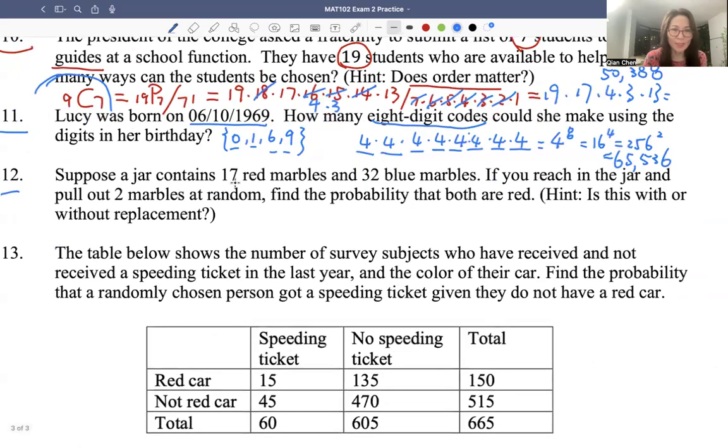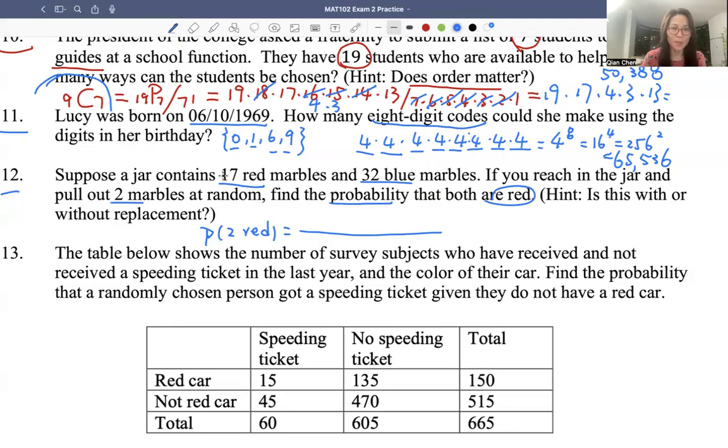Suppose a jar contains 17 red marbles and 32 blue marbles. If you reach in the jar and pull out 2 marbles at random, find the probability that both are red, right? Remember, probability of 2 red equals desired outcomes, then divided by sample space.